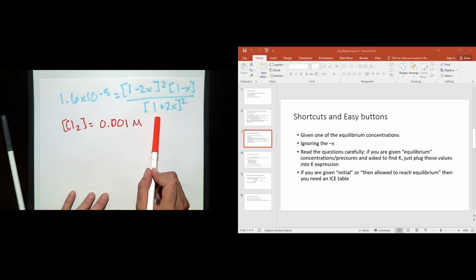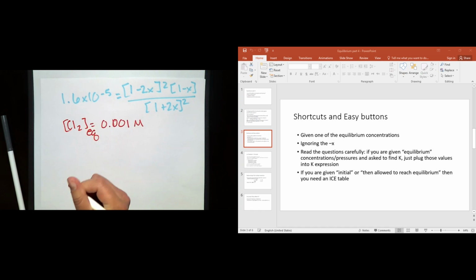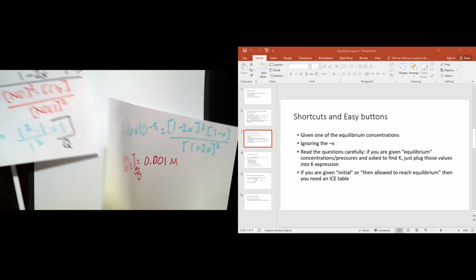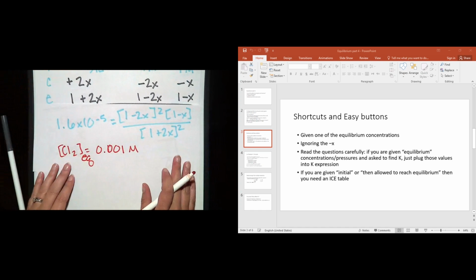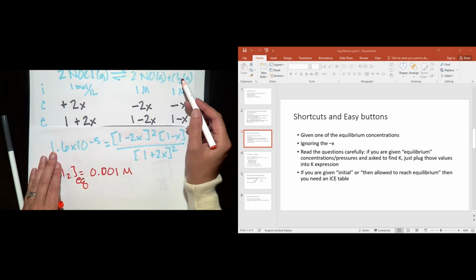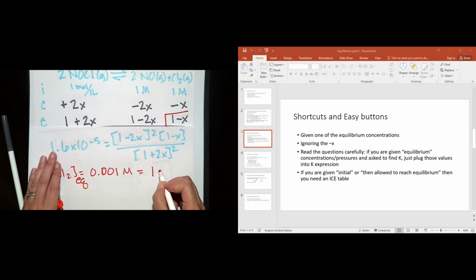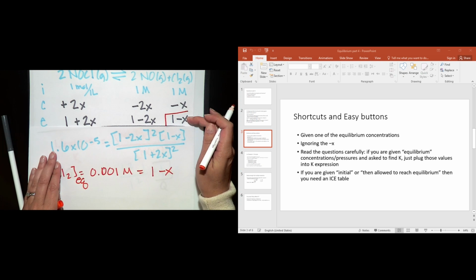We stopped there because when you get a problem that looks like this, you're usually given something else. And a great shortcut is if you are given the equilibrium concentration of any component, any of them, because once you have a number for one, you go back to that particular compound and you set that number equal to whatever's in that spot on the equilibrium line for that compound.